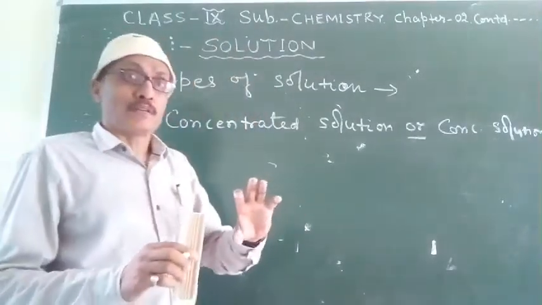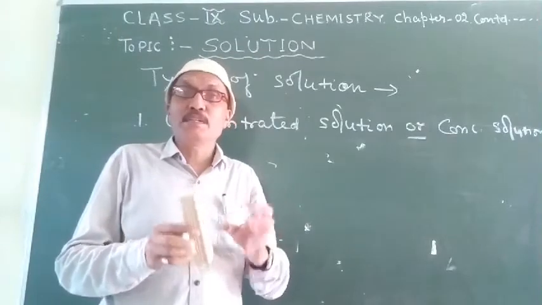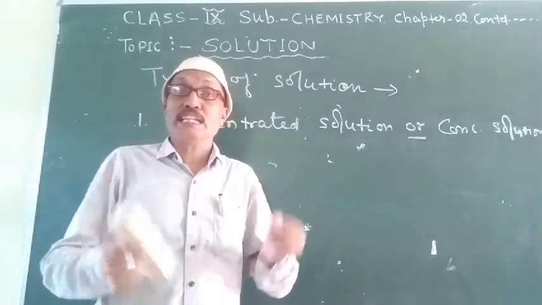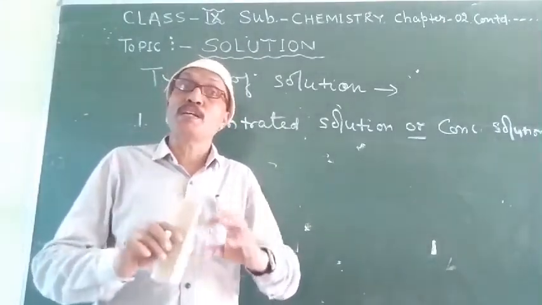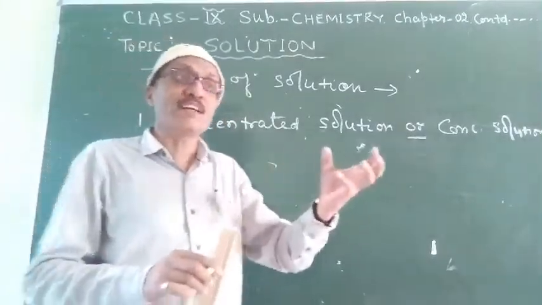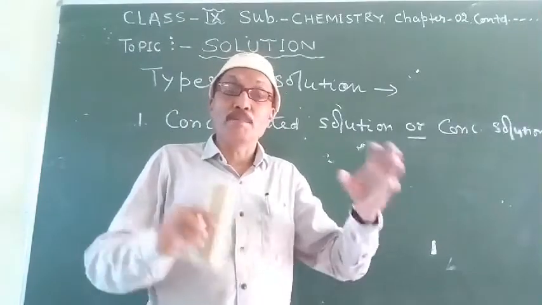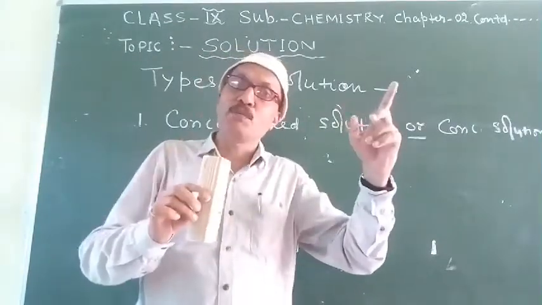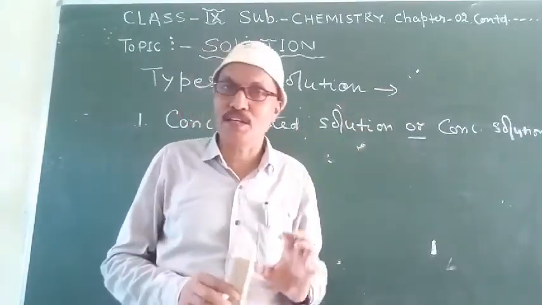Dilute acid solution means the acid solution in which the amount of water is more than the amount of acid, and in concentrated acid the amount of acid is more than the amount of water.